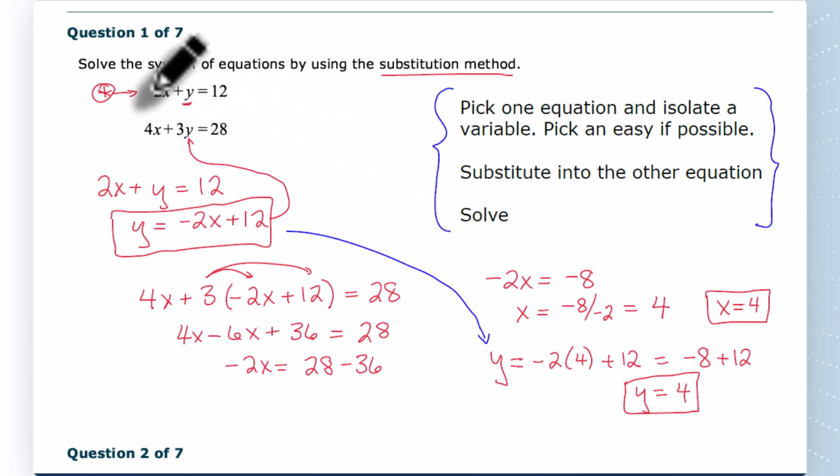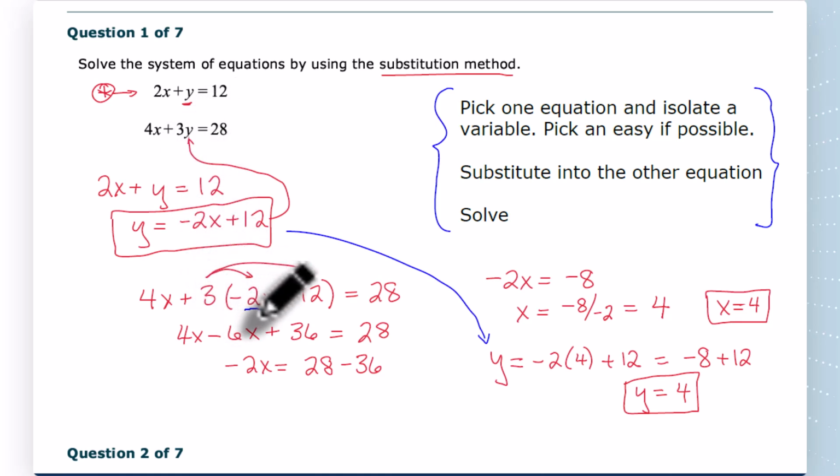So here I looked at my two equations and I see y is by itself there. So I'm going to pick this equation. I'm going to move the 2x to the right, and I get a relationship involving y. I put this into y in the other equation.